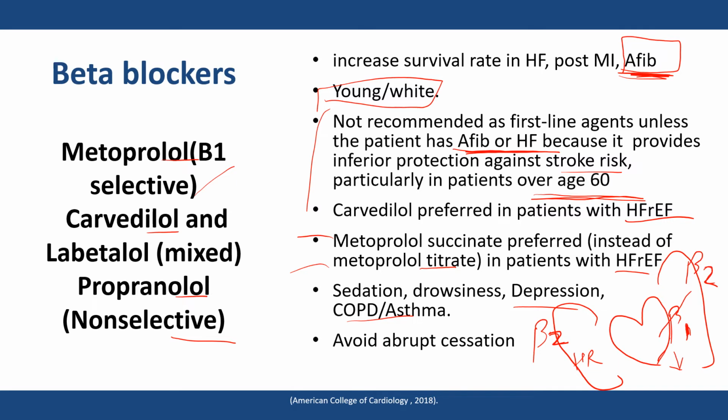Now the function of a beta-1 receptor in the heart is to contract, constriction, and in the lungs it's dilation. You want bronchodilation so that you can breathe better, right?